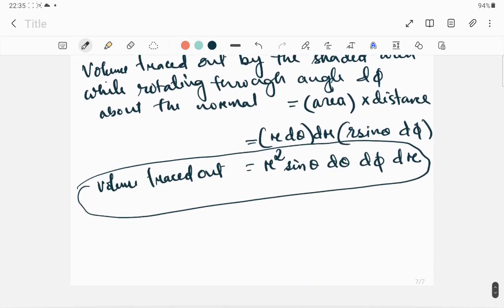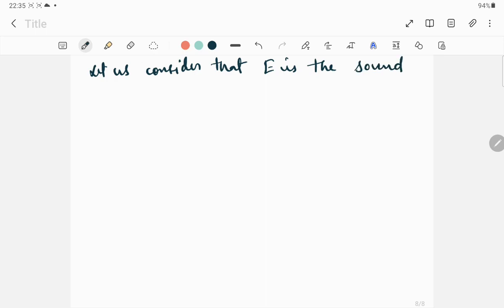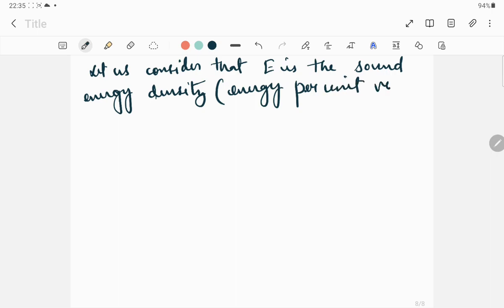Now let us consider that E is the sound energy density, that means energy per unit volume inside the hall or auditorium.